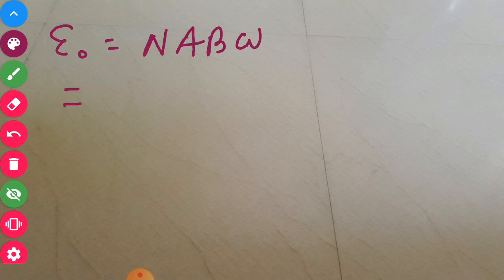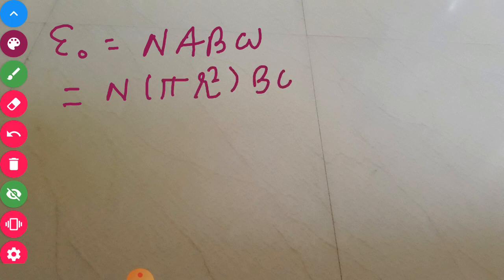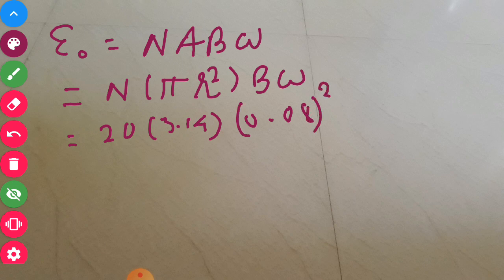Area is pi r square, so N into pi r square into B into omega. We just have to write the values here. Number of turns is 20. Pi 3.14 into the square of the radius, that is 0.08, because it is 8 centimeter, so in meter it is 0.08.